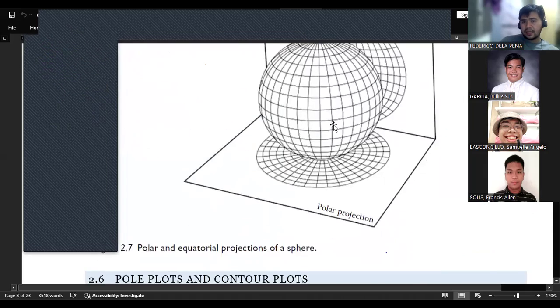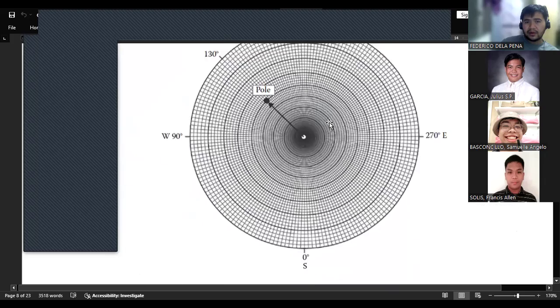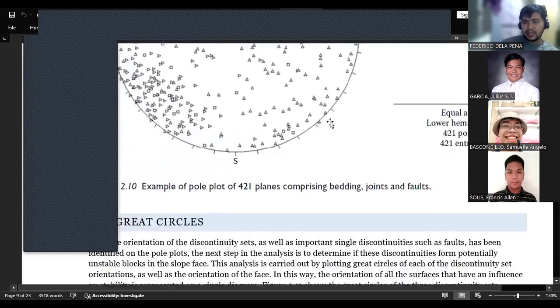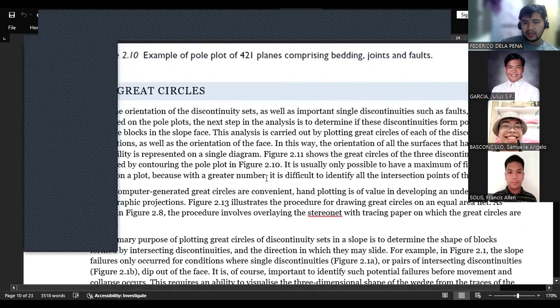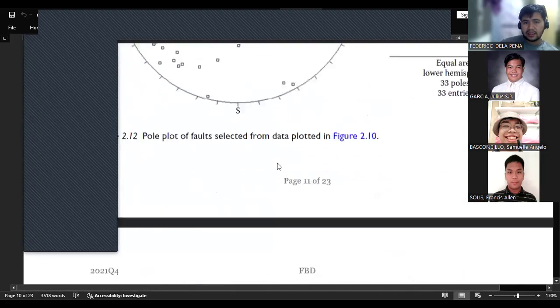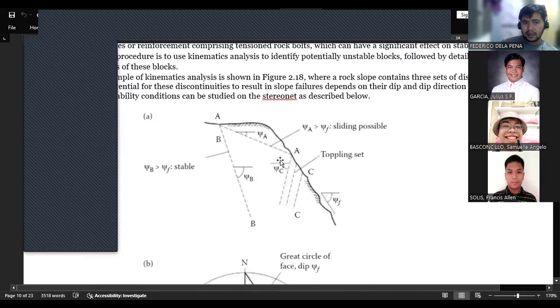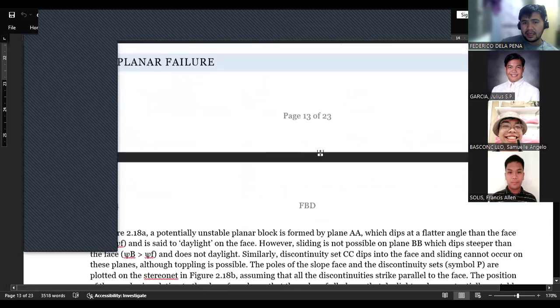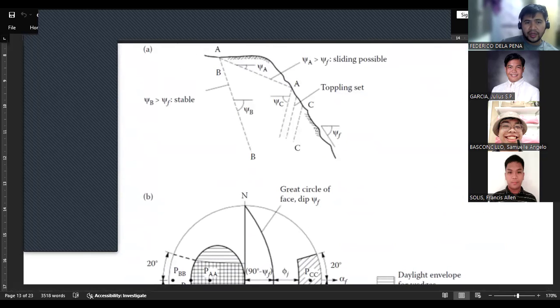Now, I think we should start talking about contours. We'll be discussing this one. Create circles. All right, kinematic analysis. Just to show you a PowerPoint for kinematic analysis.